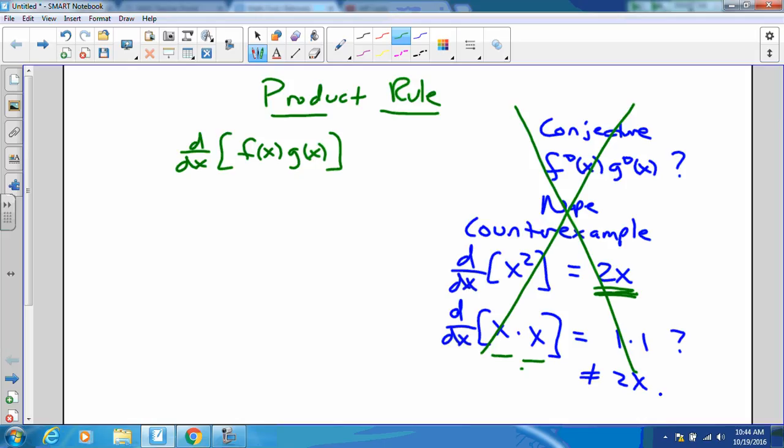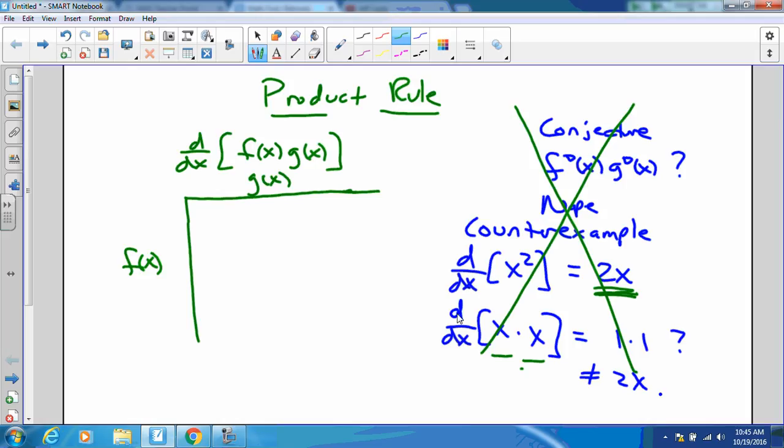So what is the derivative of f times g? I'm going to develop this in a manner similar to what Leibniz did. And I'm going to do it by visualizing what it means to multiply f times g. And usually mathematicians envision multiplication as computing some kind of an area.